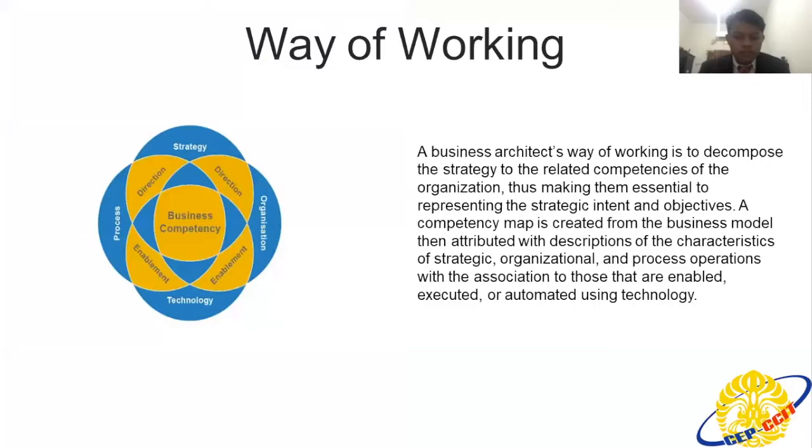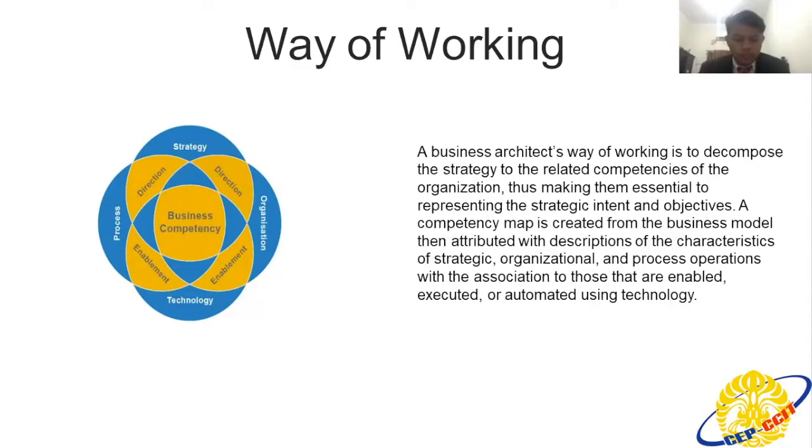The next part is the way of working. A business architect decomposes the strategy into the related competencies of the organization, making them essential to representing the strategic intent and objectives.